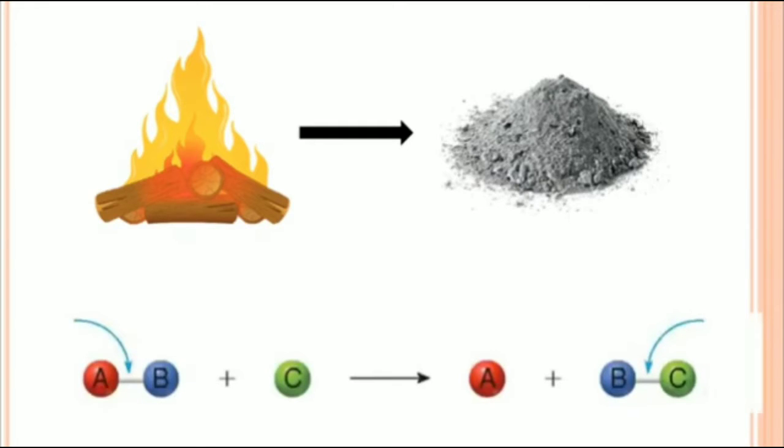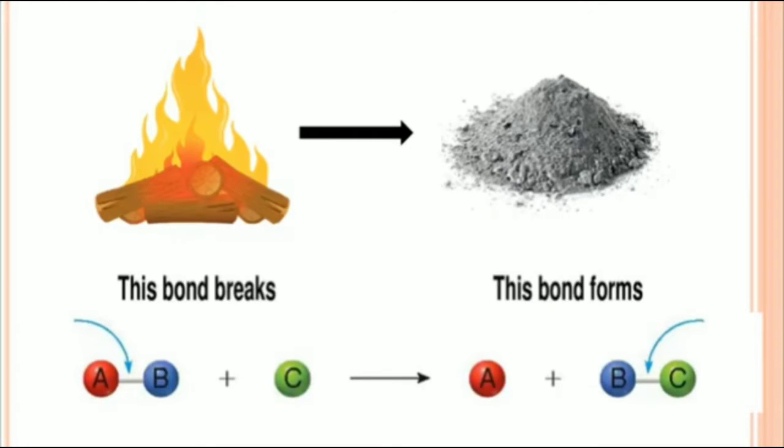So what actually is happening? The reactant is getting converted into product. The bonds in the reactants break to form a new bond, that is, a new product.